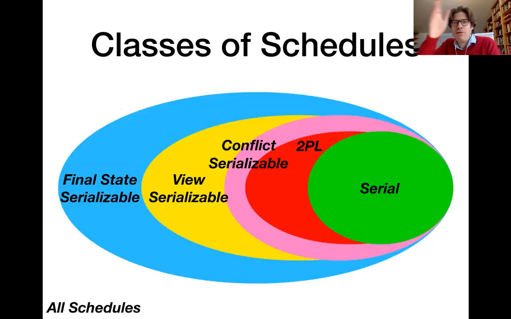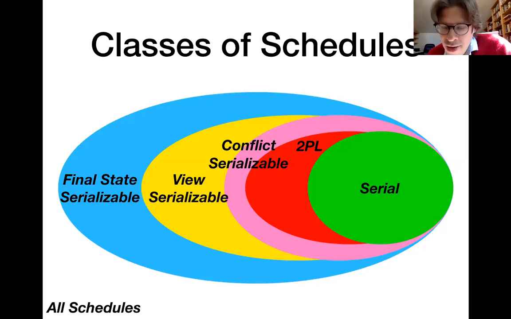Now we have the full overview picture here. We've discussed all those different classes of schedules. We have all schedules, contained within them the final state serializable schedules, then the view serializable schedules, then the conflict serializable schedules.